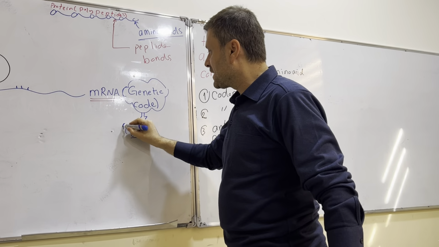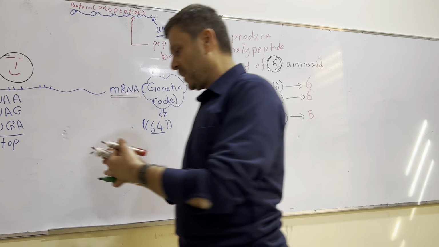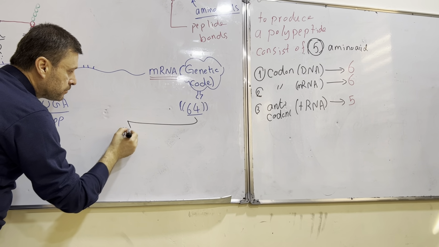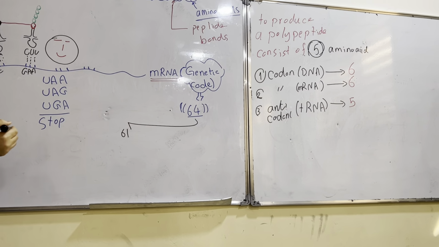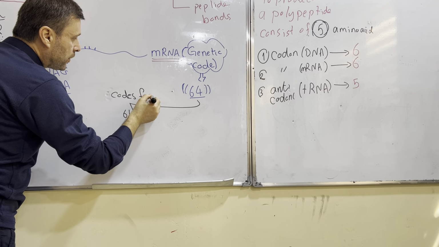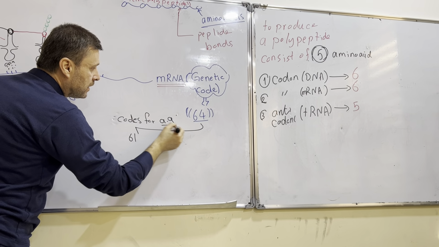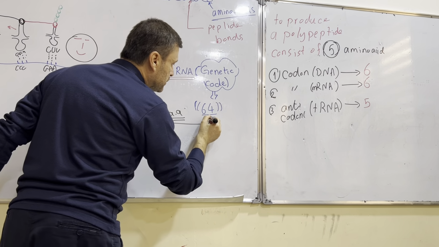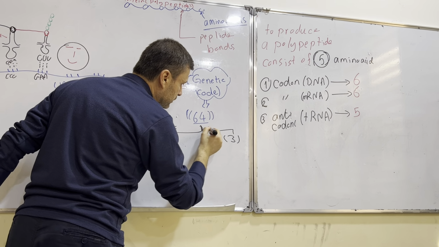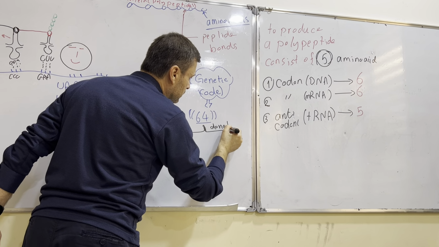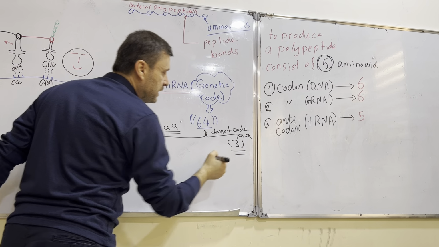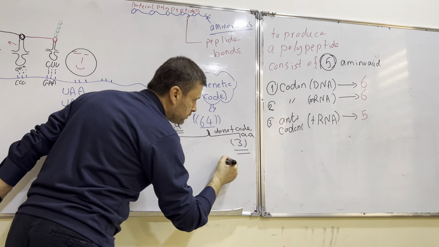We divide them into 3 parts. 61 code for amino acids in protein, but 3 do not code for amino acids. These are the stop codons.